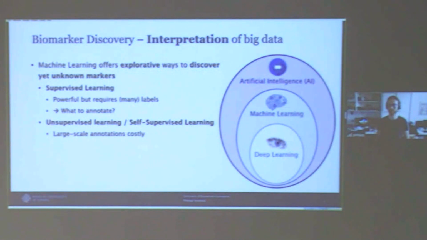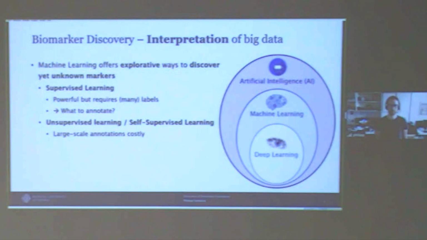So it mimics human behavior, but it can also be if-else decisions that are hard-coded. Machine learning is mimicking human behavior by learning from data. So you have input and output, and you learn this relationship. And deep learning is, so to say, a subset of machine learning, which is quite powerful and comes with a lot of advantages.